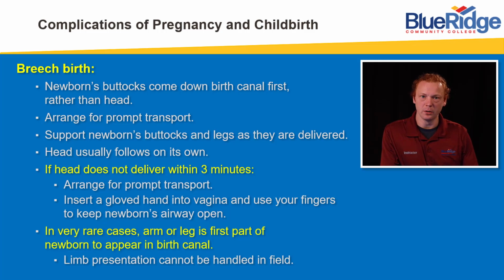This is where an arm or a leg is the first part of the newborn to appear in the birth canal. Limb presentation is an extreme emergency that cannot be handled in the field, and they have to be rapidly transported to the hospital. The earlier the notification to the receiving hospital, the better, so that they can be prepared for your arrival.